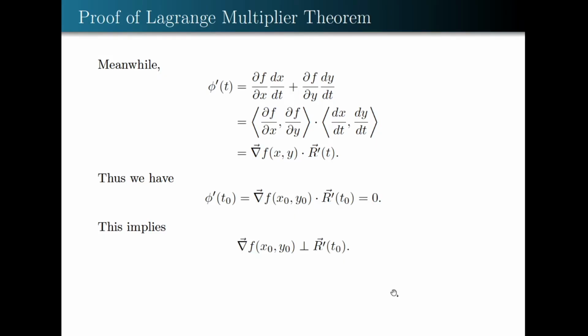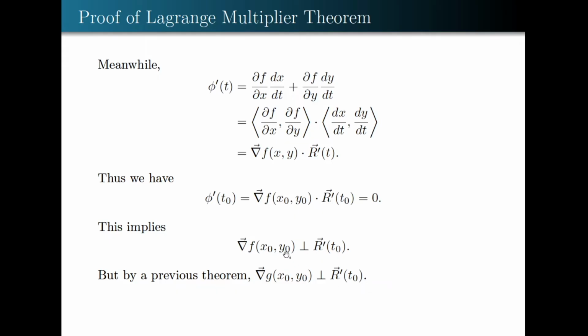Now, since r is the parameterization for the curve g of x, y equals k, r prime at t0 is actually the tangent vector to that curve at the point x0, y0. And since this is a tangent vector, it is perpendicular to the gradient vector of g at the point x0, y0. Now we're talking about curves in the two-dimensional plane here.